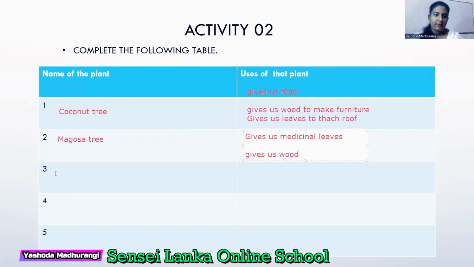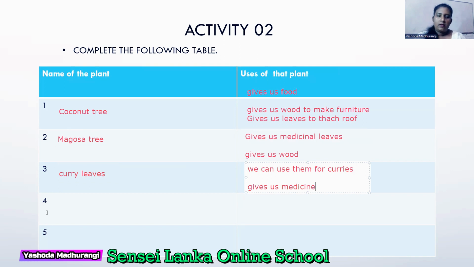That is another one. Not only trees, you can write about the small plants like curry leaves. Curry leaves, what are the uses? We can use them for curries and also gives us medicines. Then you can write about aloe vera. Do you know aloe vera?